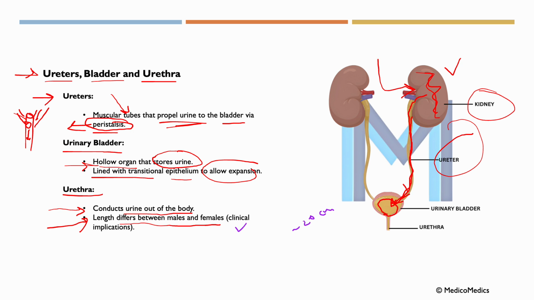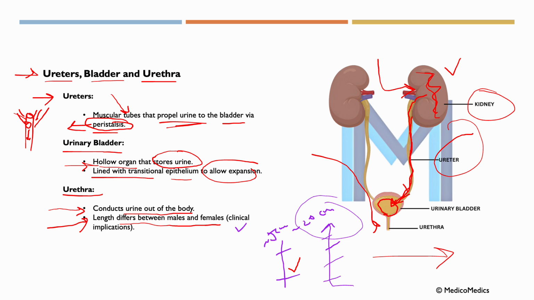So this provides more protection against urinary tract infections, since bacteria that want to enter have a longer distance to travel to get to the bladder, compared to women, where the urethra is approximately 4 to 5 centimeters. And it thus makes the route or the distance much shorter. So it would then naturally lead to a higher risk of UTIs. So this is a great example of how our anatomical differences have actual clinical implications.